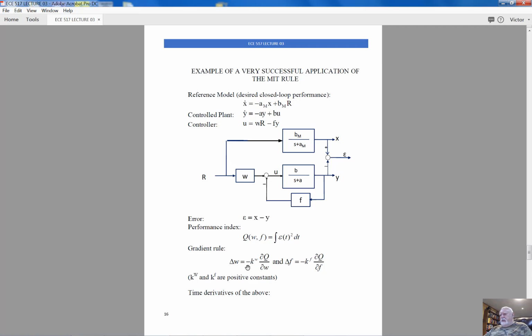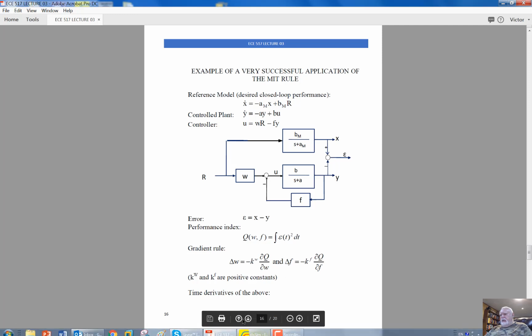Gradient rule has constant for this parameter times derivative of the criterion with respect to this parameter, and it comes with minus. It has constant for this parameter times derivative of the criterion with respect to this parameter, and it's also with minus.